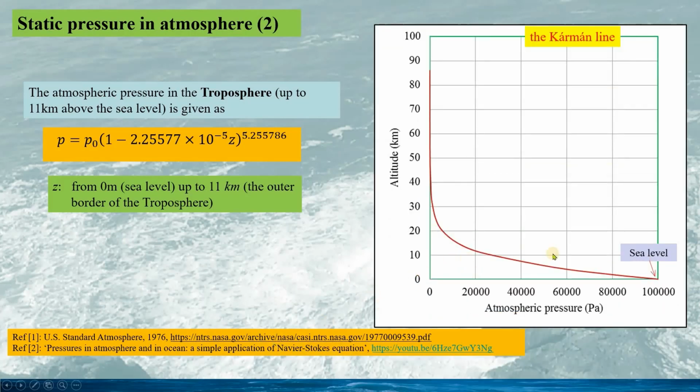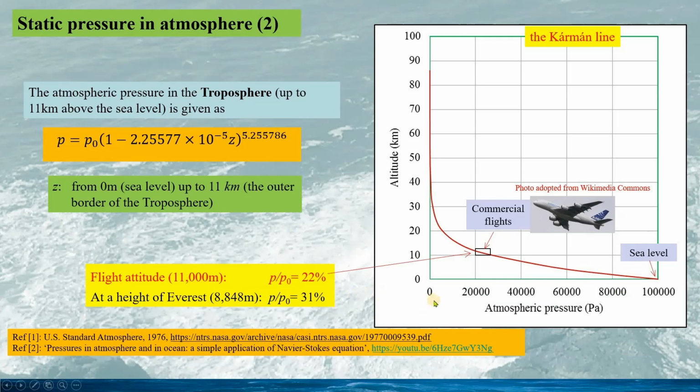If we draw out the pressure change with the altitude, we have the curve like this. And if we look at two interesting altitudes, the first one is the altitude for most commercial flights, at about 11 kilometers above the sea level, where the pressure would be about 22% of the pressure at sea level, P0.